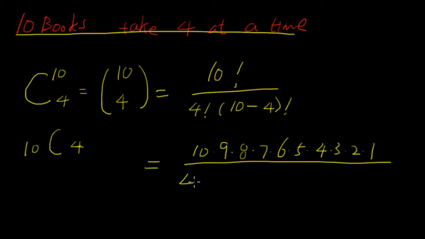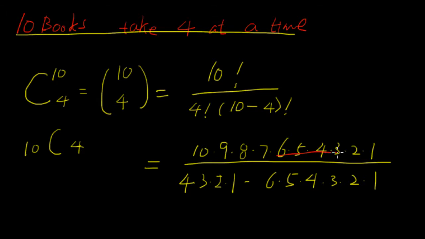What's 4 factorial? 4, 3, 2, 1. That's 4 factorial. And 10 minus 4 factorial would be what? 6, 5, 4, 3, 2, 1. That's it. I mean, the calculation seems long. It is. It's not short, but luckily you can see that a lot of things will cancel out.